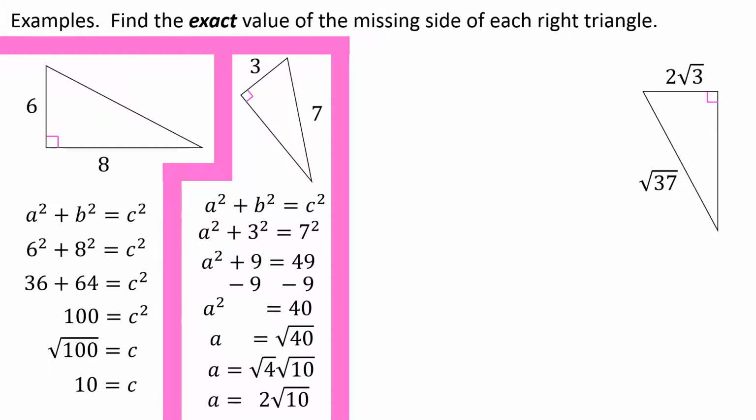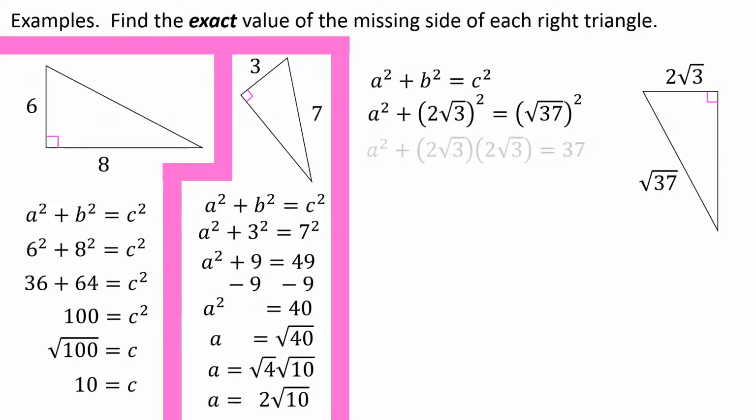Oh, this looks interesting. Of course, the square root of 37 squared is just going to be 37. That's the easy one. But what do I do with the 2 root 3 when I try to square that quantity? Well, I've got to take the 2 root 3, multiply it by another 2 root 3.